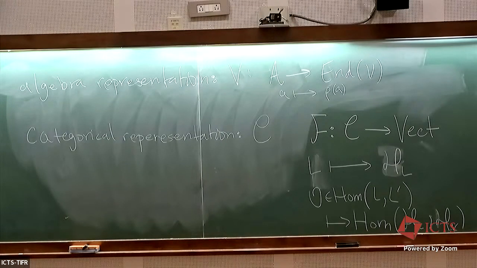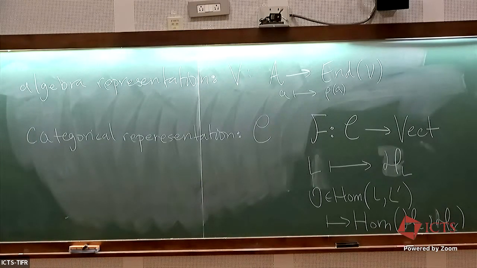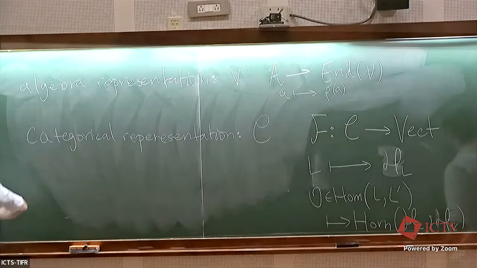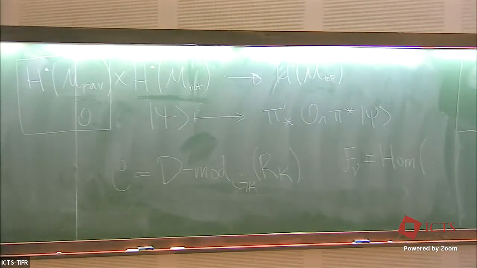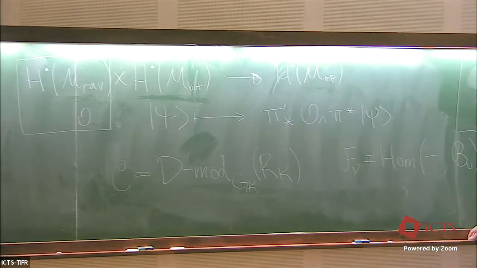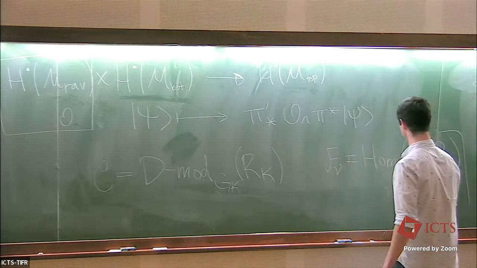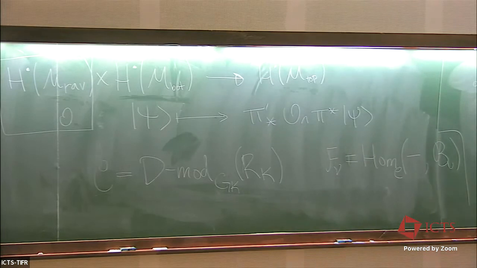So in this case, our functor is labeled by that massive vacuum, and it is given by Hom in the category C from our line into B_V.